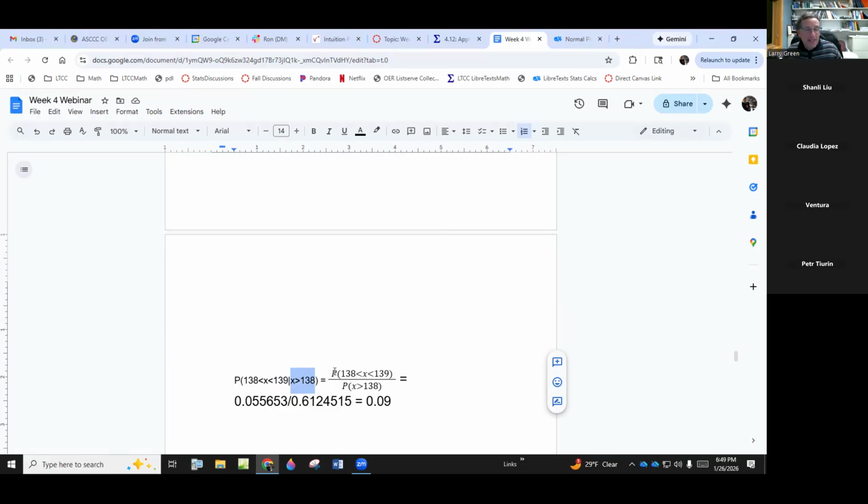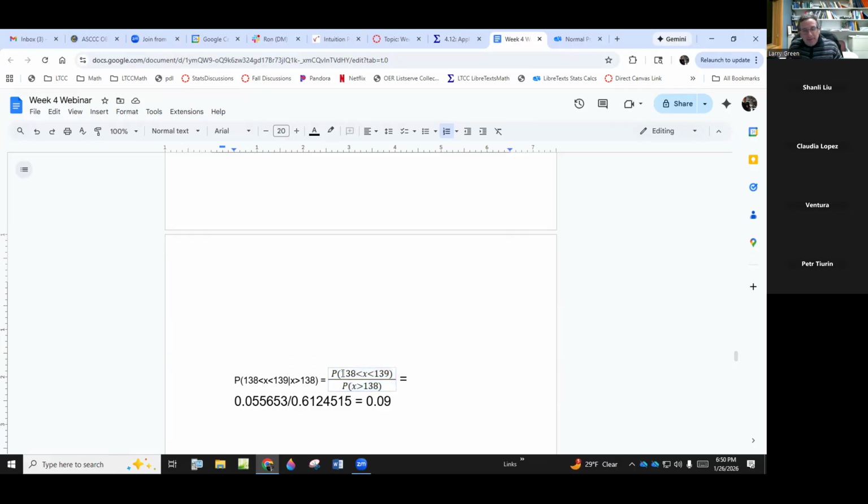And then we use the formula. That's a probability of both of these happening. But if it's both between 138 and 139 and greater than 138, that's no different than just saying it's between 138 and 139. So probability that X is between 138 and 139 divided by the probability that it's greater than 138.